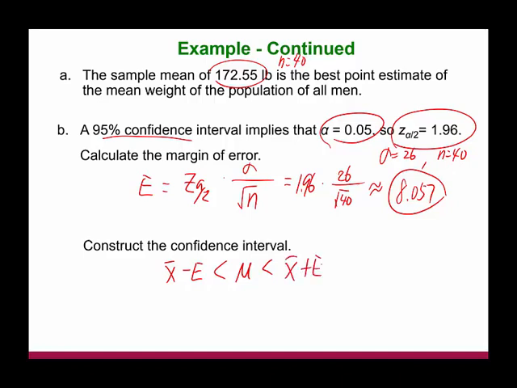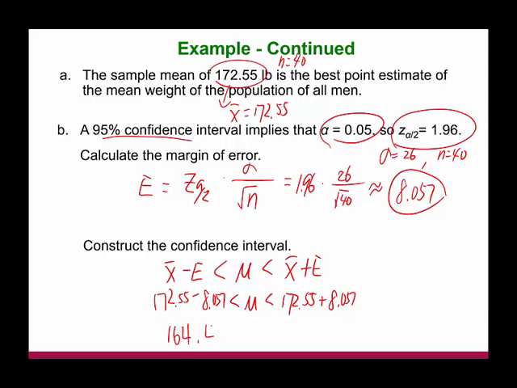The sample mean is 172.55, so using 172.55 minus 8.057, the lower limit is 164.493.